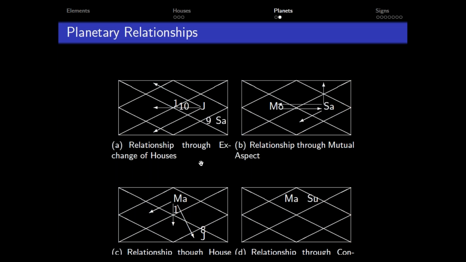So, if I talk about each one of them, how do we understand the result of this? First, in figure number A, if I start with the exchange of houses, Parivartan Yog, how do we understand what is going to happen with this? Let us consider two cases.